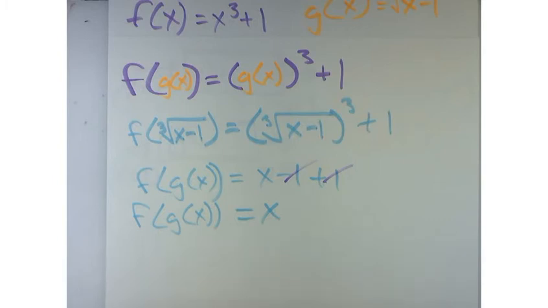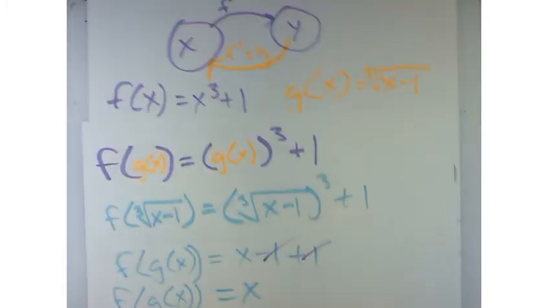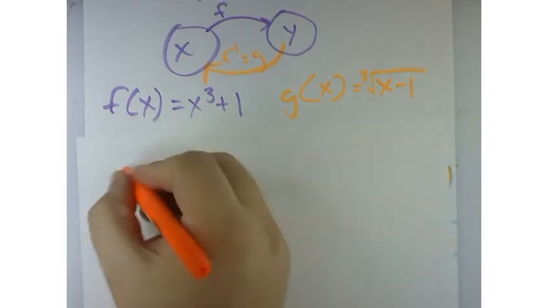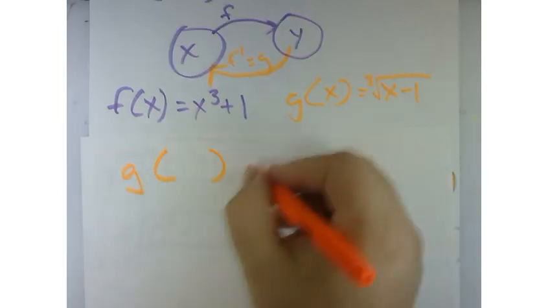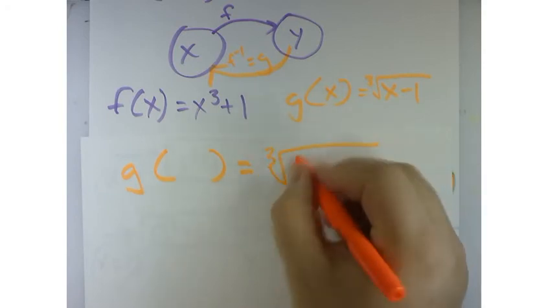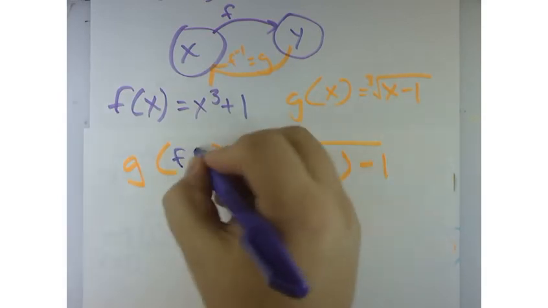That's no accident. Now, you got to check it both ways. Just because you get an x here doesn't mean you'll get it if you do it the other way. In other words, now I've got to do g of f. So to do g of f, I'm going to start with g of x, which is supposed to be the inverse. So I say g of something, which is the cube root of something minus 1. Well, we're going to plug in f of x for the somethings.